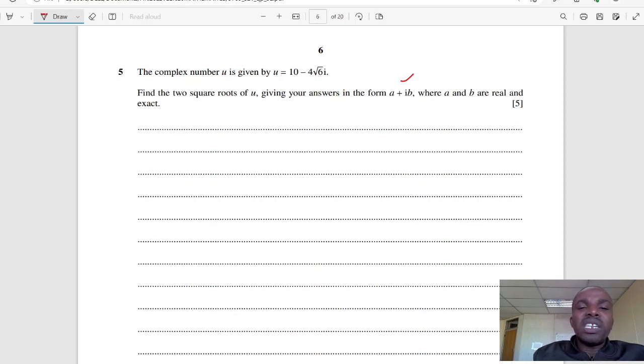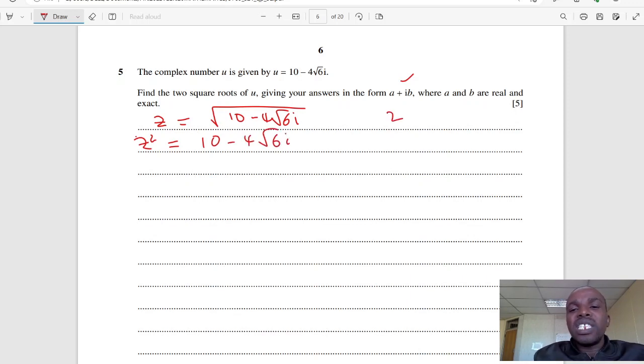Square roots of a complex number, we can represent them by z. So you can say z squared, that's the square root, or z representing the square root of this function. You can say our z is equal to the square root of 10 minus 4 root 6 i. Then z squared is equal to 10 minus 4 root 6 i.